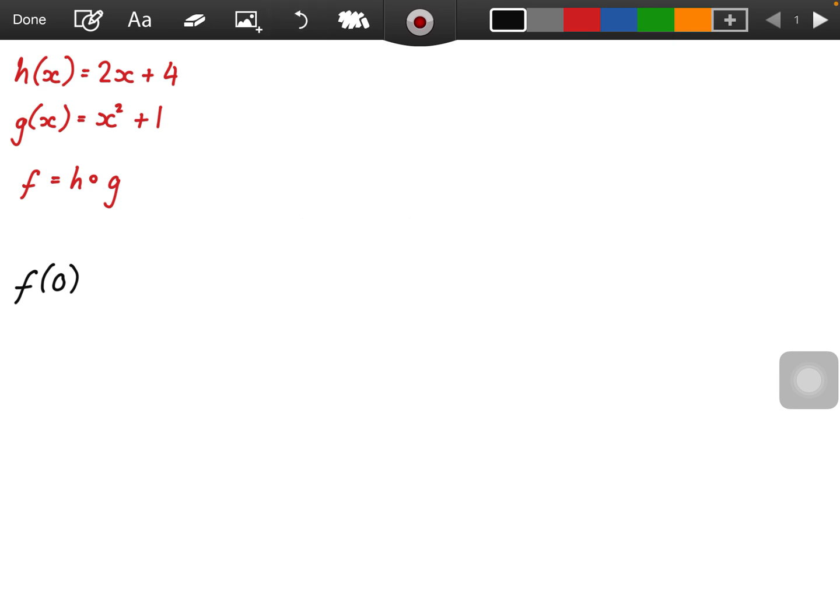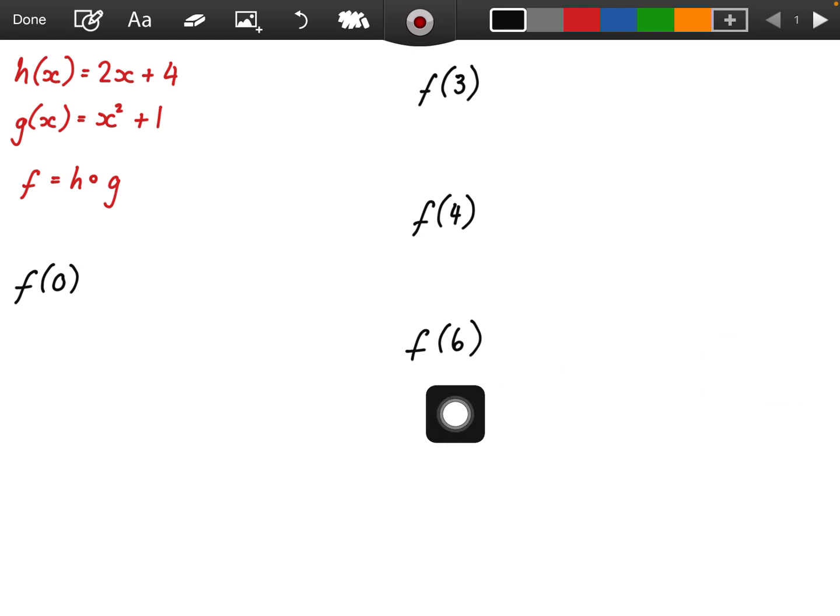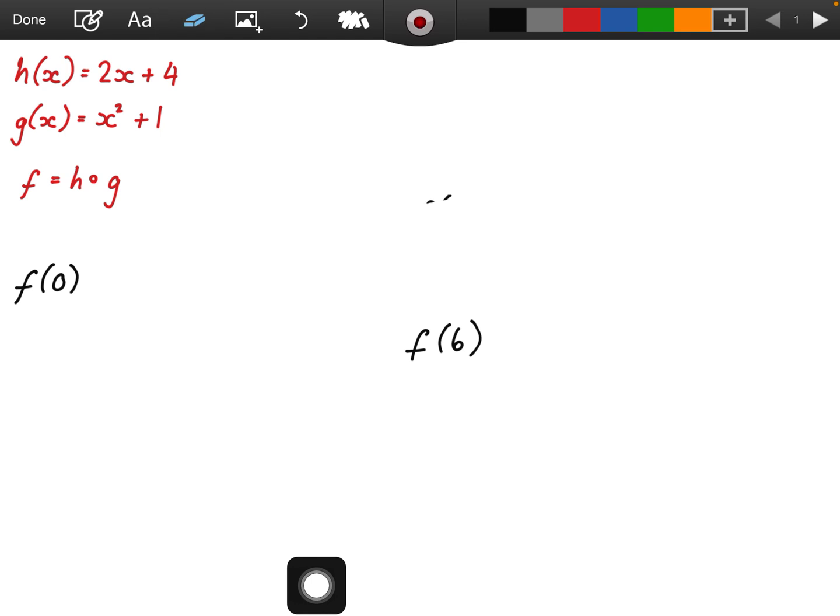And then we're going to see a different way of speeding up the process, because I'm not just asked for f of 0, I'm also asked for f of 3, f of 4. When I'm asked for a load of these different values, it'd be much easier if I could define the function f as a function in itself. But let's just start by looking at if they had just asked us for this one.